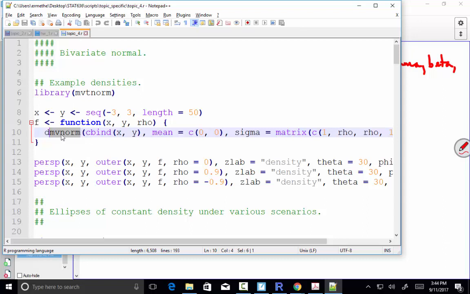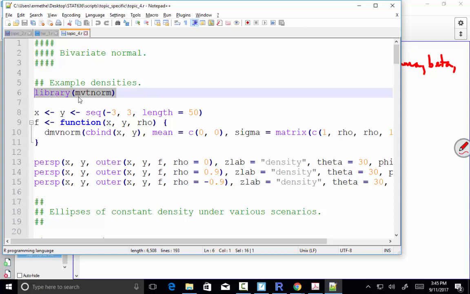So here, this is going to compute the bivariate or the multivariate normal PDF. FYI also, R comes to you pre-packaged with lots of goodies, lots of functions that'll do basic stuff. Draw a picture, compute means, do all types of things.